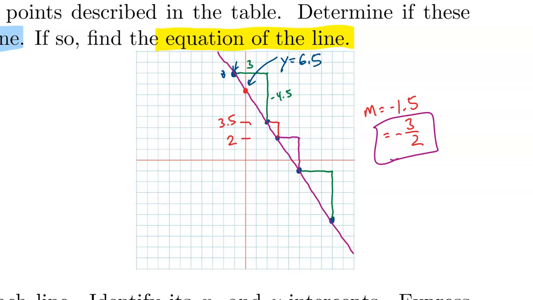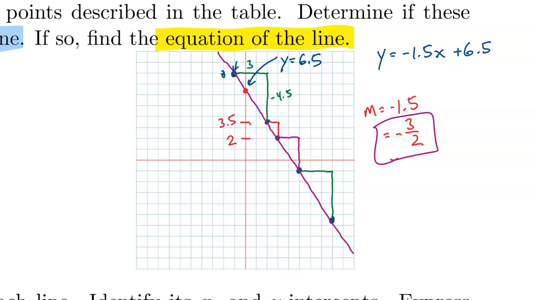And I can confirm that going 2 units farther takes me down 3 units to 3.5. So the equation for the line must be y equals -1.5 times x plus 6.5.